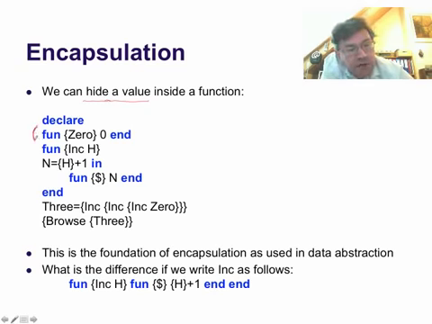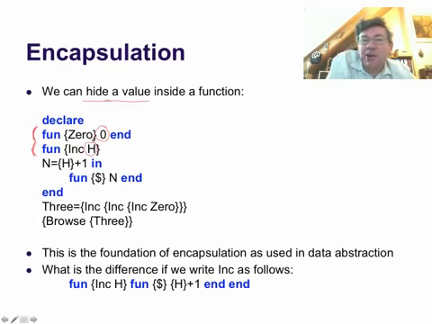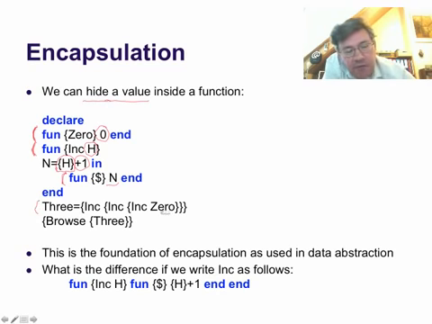So let's take a function here called 0, a zero-argument function, but it returns the number 0. Let's take a function inc, which takes h, which is a function that hides a number. It exposes the number by calling the function, it adds 1, and it returns a new function which hides that result. So then we can say, for example, 3 is equal to inc of 0.